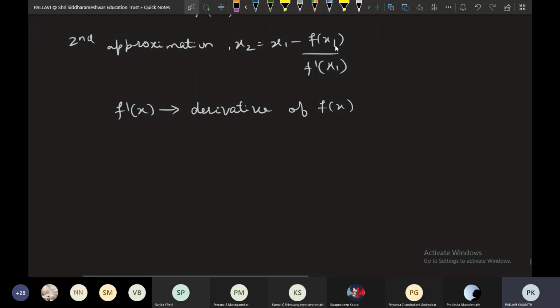So can you tell me the general formula? If I want to write the nth value, xn equals xn minus 1 minus f of xn minus 1 divided by f dash of xn minus 1.